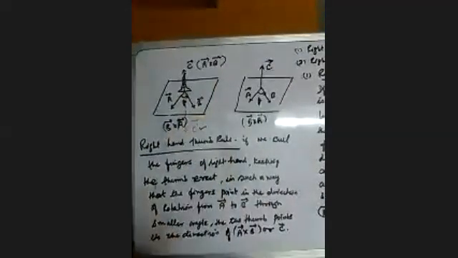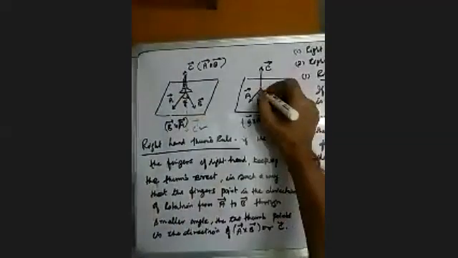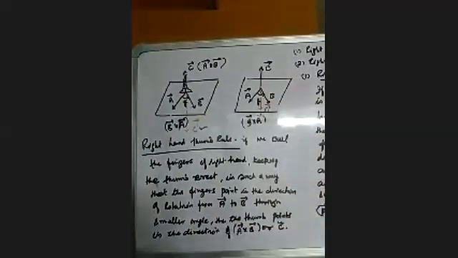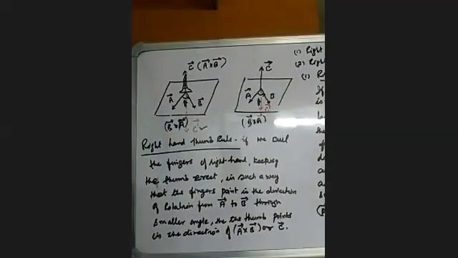And the direction of the thumb gives us the direction of C vector. So again, the C vector is perpendicular to the plane. Now we call it C dash vector, perpendicular to the plane, but in the downward direction. So this is how we can find out the magnitude and direction of the cross product of two vectors.